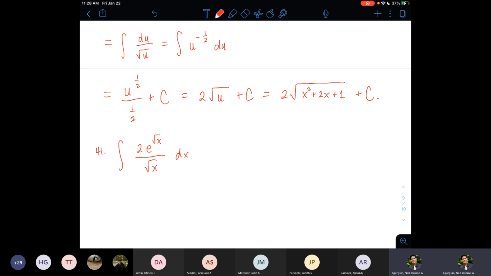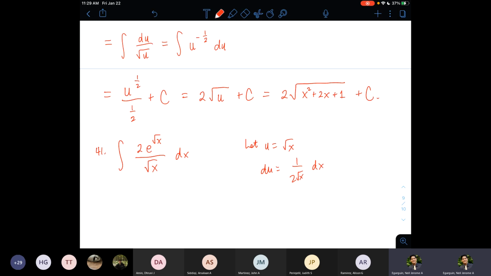In this particular case, I thought choosing the function in the denominator to be my u will not work, because if you let u be equal to root x, then du would be equal to 1 over 2 root x dx, right?